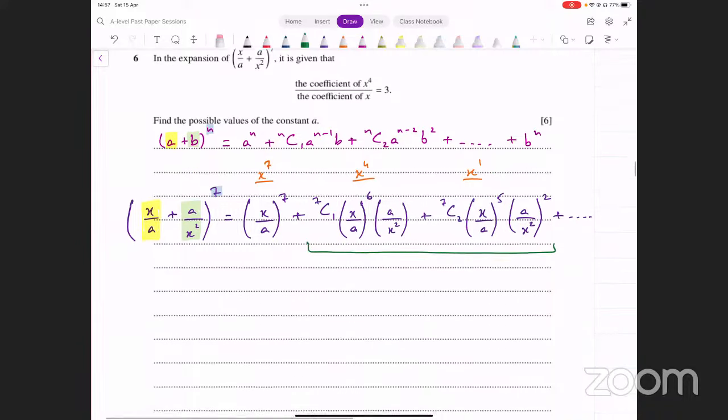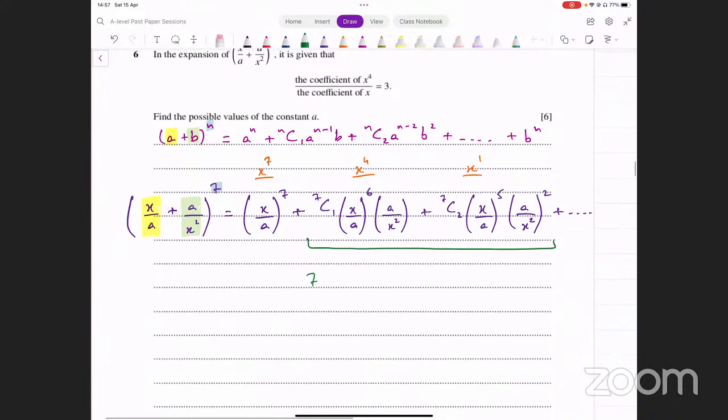Let's simplify these two terms. 7C1 is just 7. Then you have x raised to power 6, and then x squared in the denominator. So this is x raised to power 6 into a divided by a raised to power 6 into x squared, plus 7C2. Let's evaluate that.